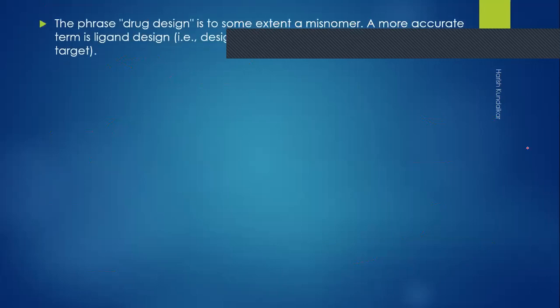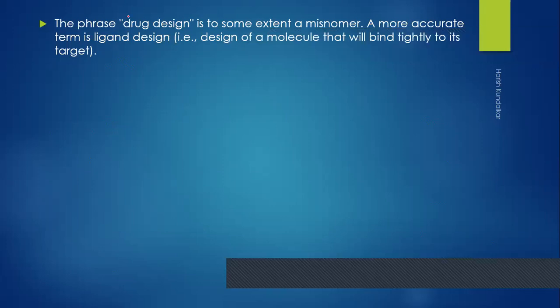Now, we often use the term drug design. And this is actually a misnomer. Misnomer means a wrong word that we use. That is what is meant by misnomer. So the actual term that we should use is not drug design but ligand design. Because what are we trying to do?